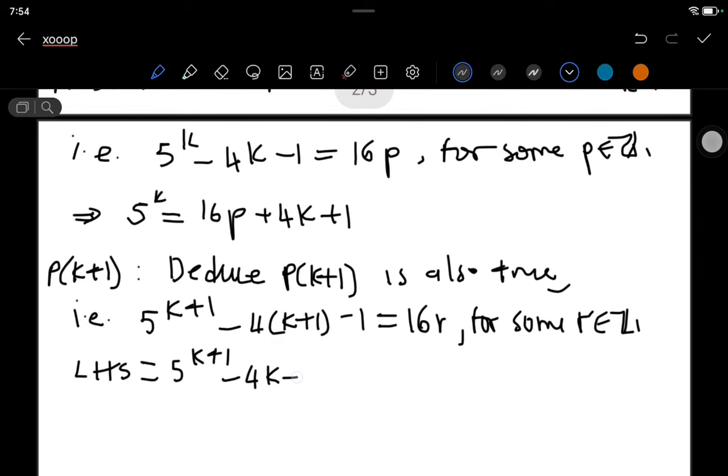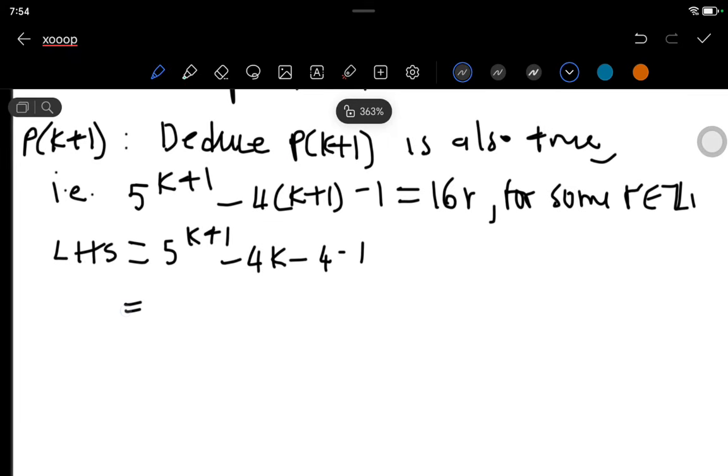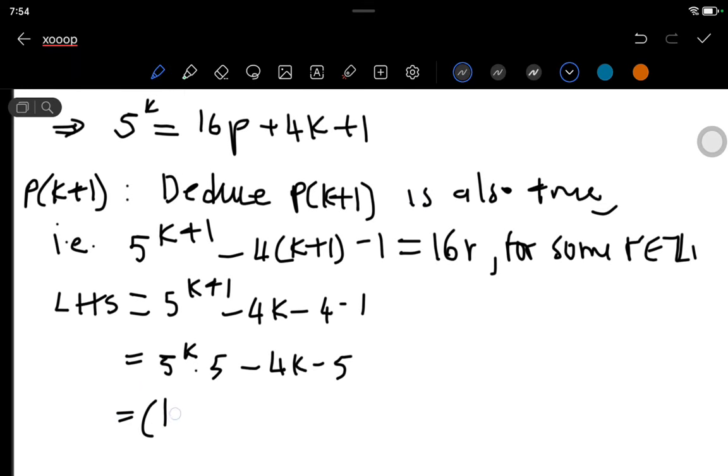Let's simplify this: 5 to the k times 5, minus 4k minus 5. Now we must prove that this is equal to 16r. And we know that 5 to the k is 16p plus 4k plus 1.